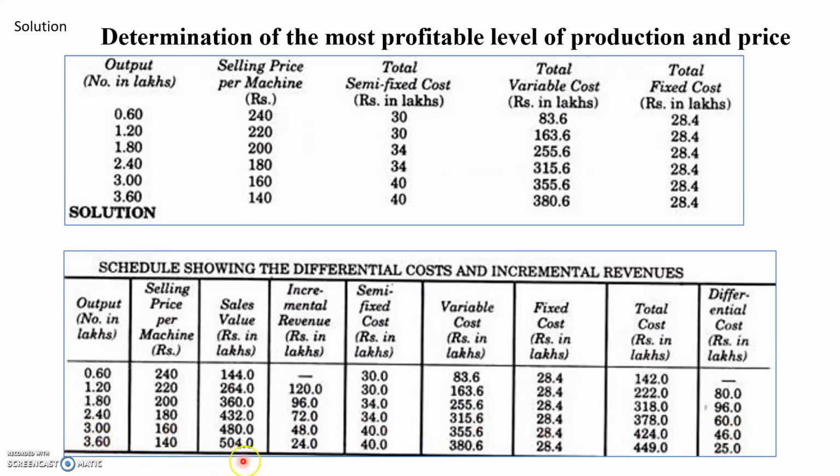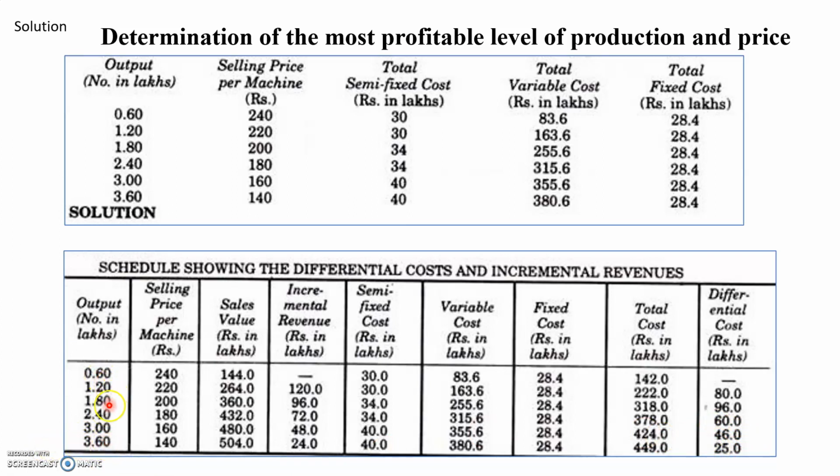Then in the last stage, increasing from 3 lakh to 3 lakh 60,000, there is an additional incremental revenue of 24,000, but an incremental cost of 25,000. So incremental revenue is less than incremental cost, and it is not advised to opt for the last stage.